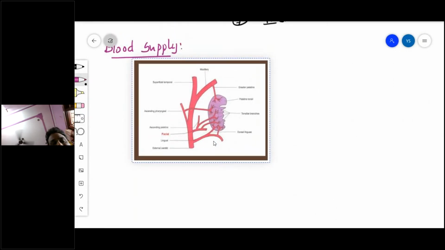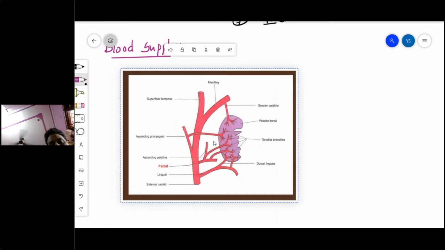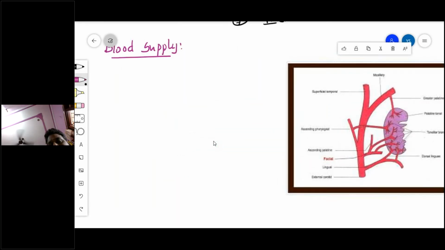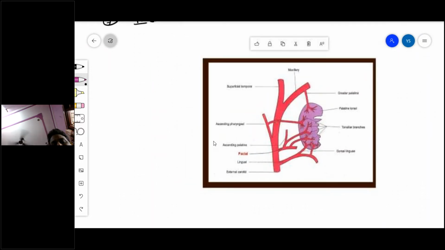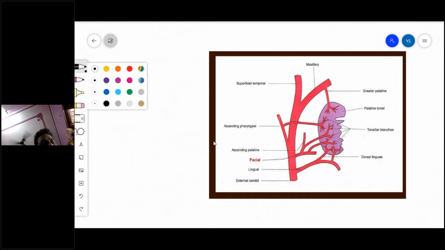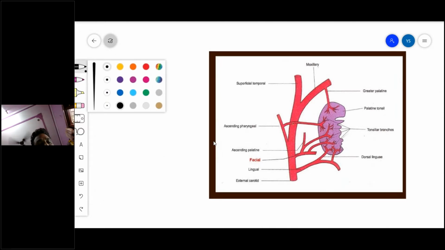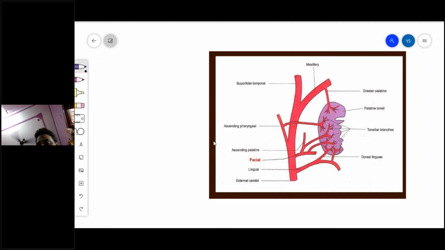This is a very, very good picture for the blood supply of the palatine tonsil. In this picture, I'm showing you what arteries are supplying the palatine tonsil.